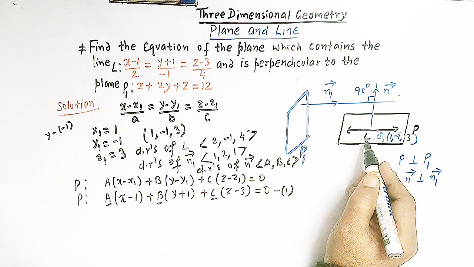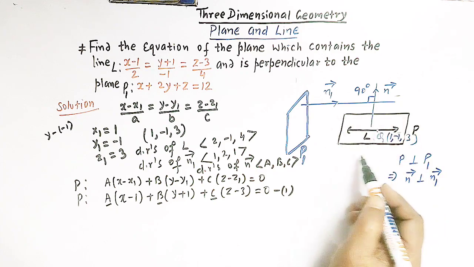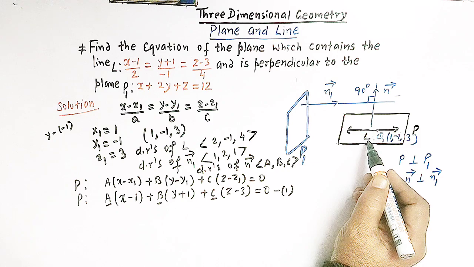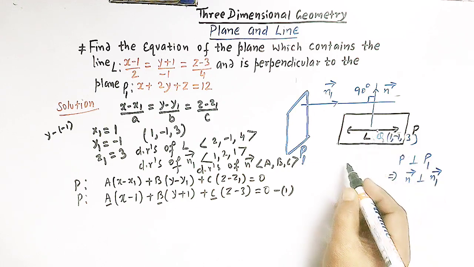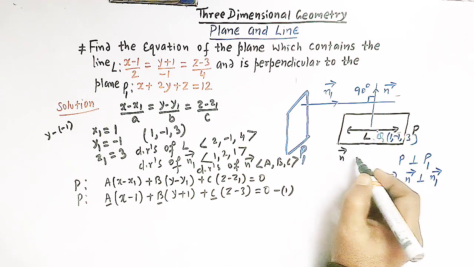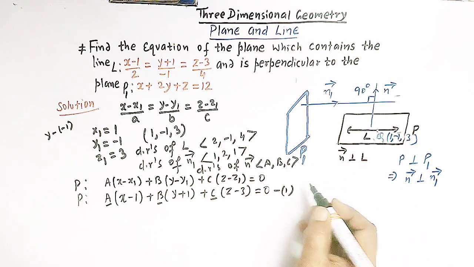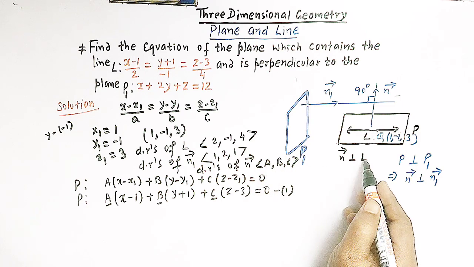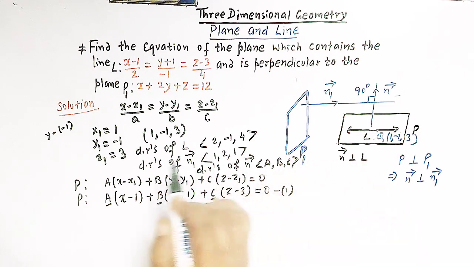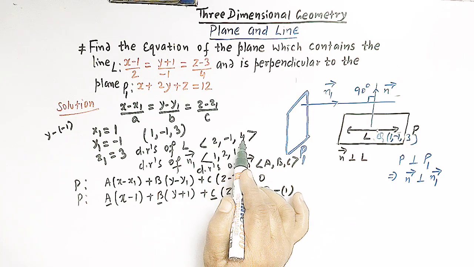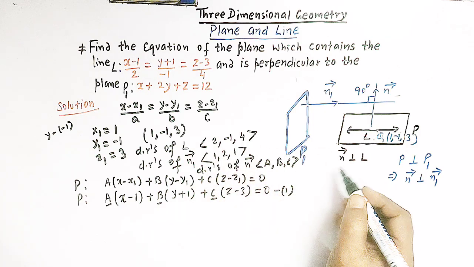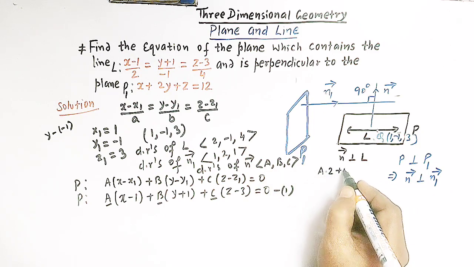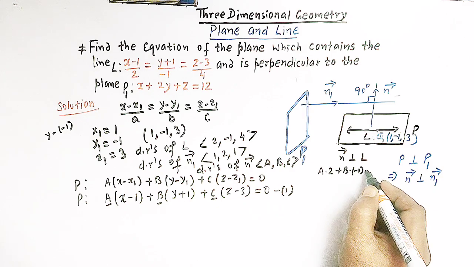Now see, this line L is contained by this plane P, so this normal vector must be perpendicular to this line L. That is, the normal vector N is perpendicular to the line L, and the direction ratios of the normal vector are A, B and C, and the direction ratios of the line are given by 2, minus 1 and 4.